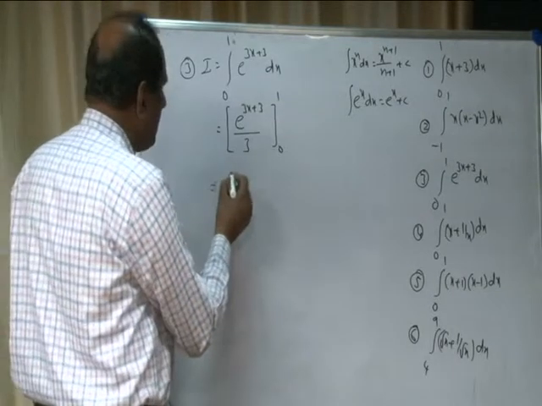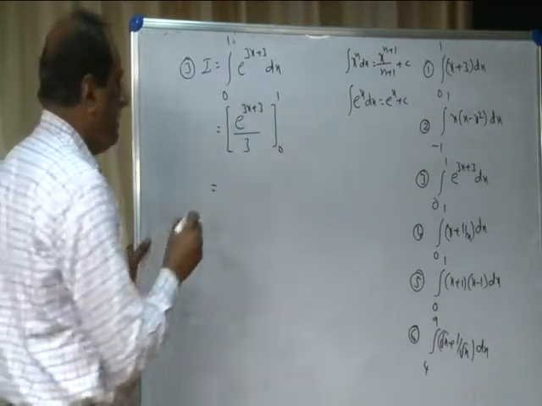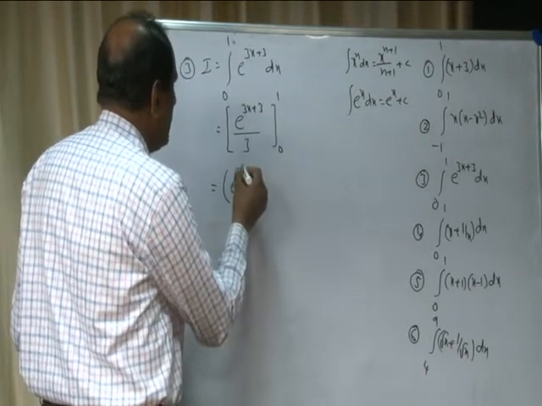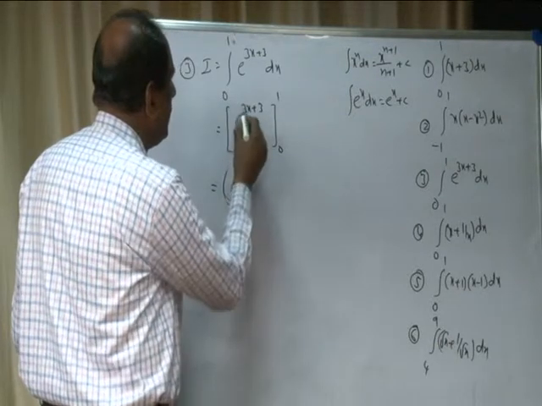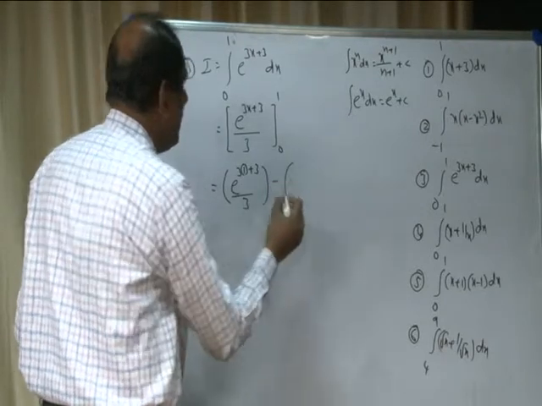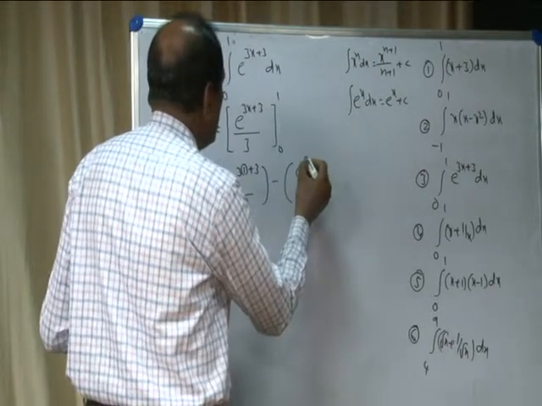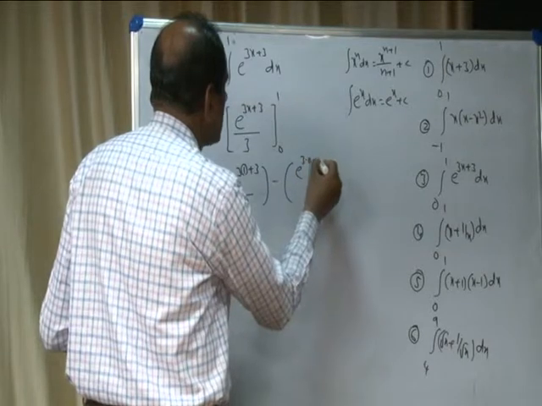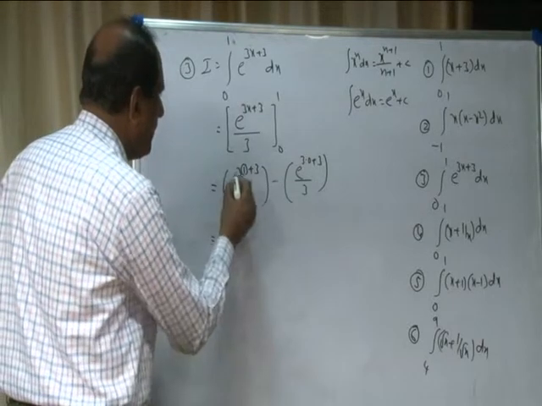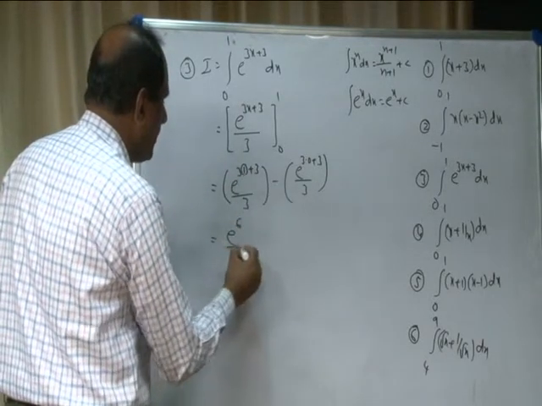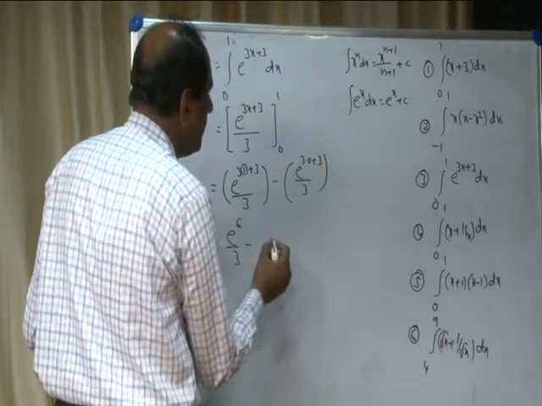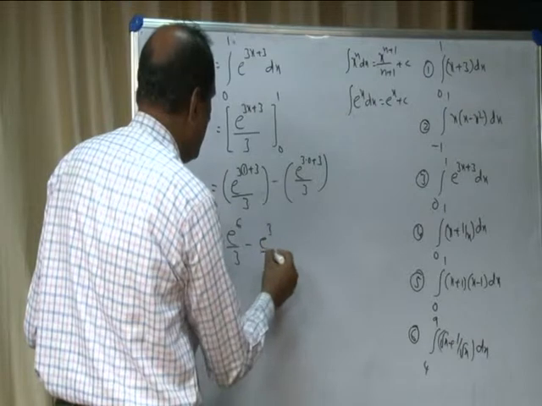Now apply the upper limit in the first bracket: e power 3 into 1 plus 3, by 3, upper limit, minus the lower limit e power 3 into 0 plus 3 divided by 3. So that is equal to e power 3 plus 3 is 6, by 3, minus, 3 into 0 is 0, plus 3, e power 3 by 3.